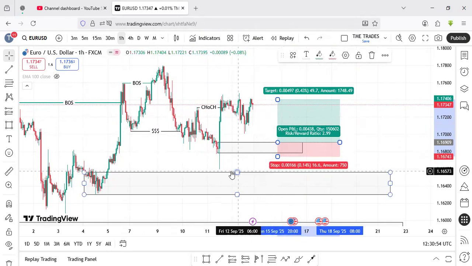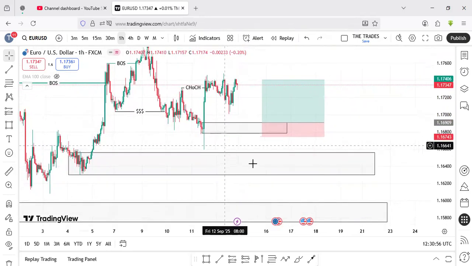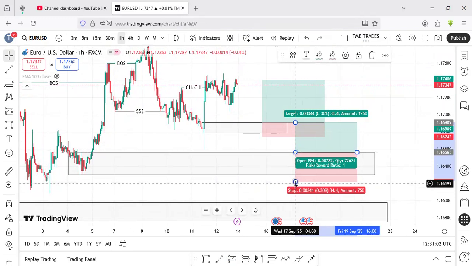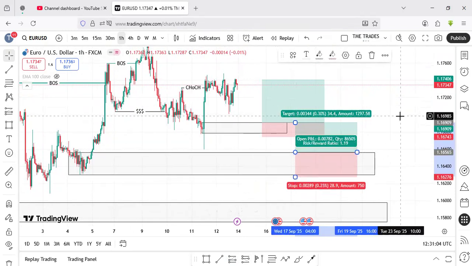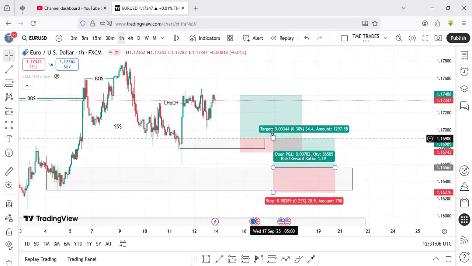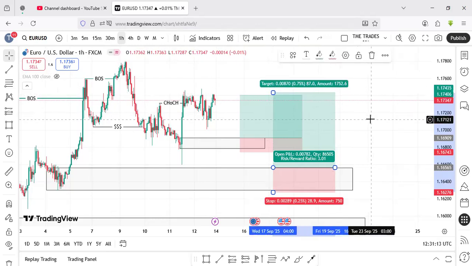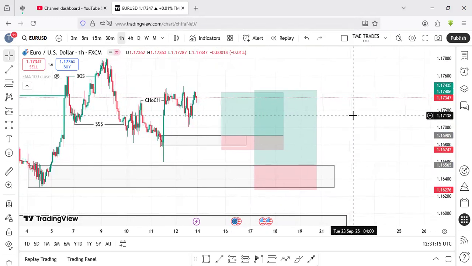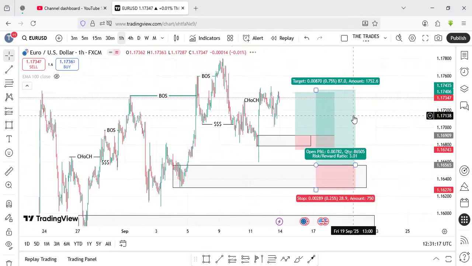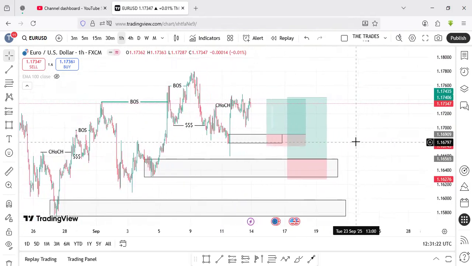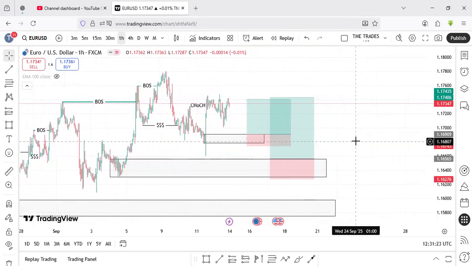If the market breaks this low, then you should be expecting the market to start its movement from this particular zone, while you target this particular place, giving it still 3 to 1 risk reward. So this is the current situation we have on EURUSD, and this is what we're expecting to happen on EURUSD.